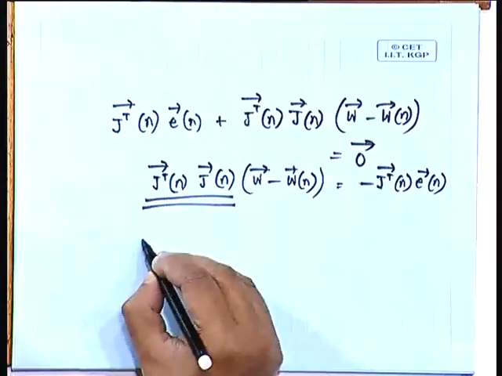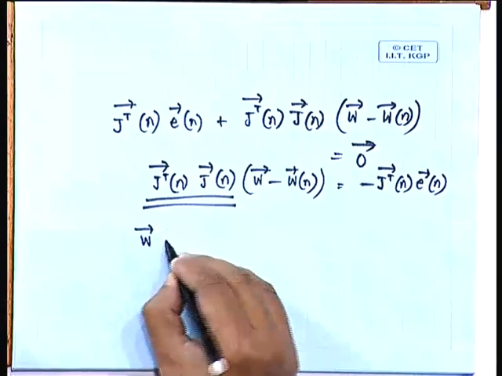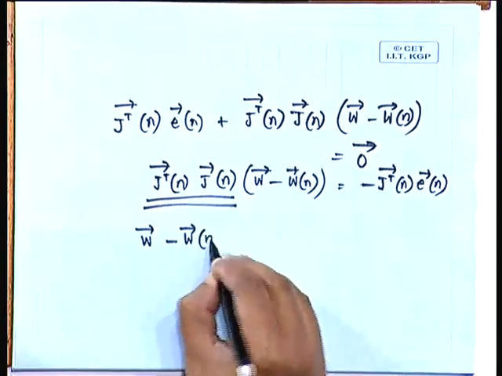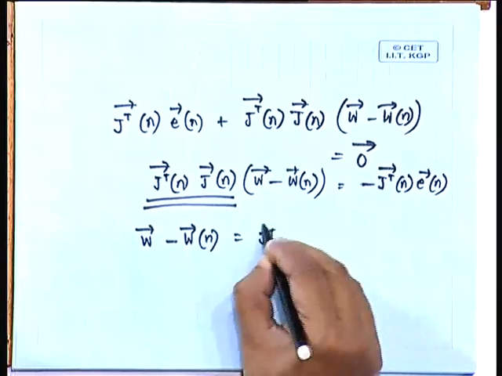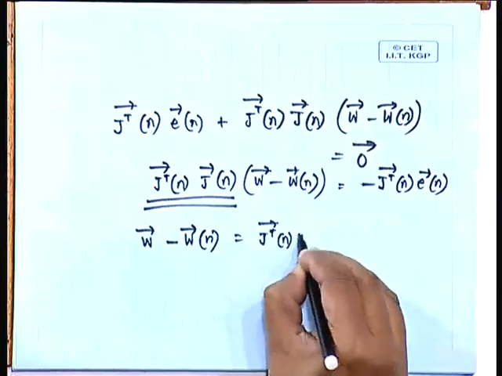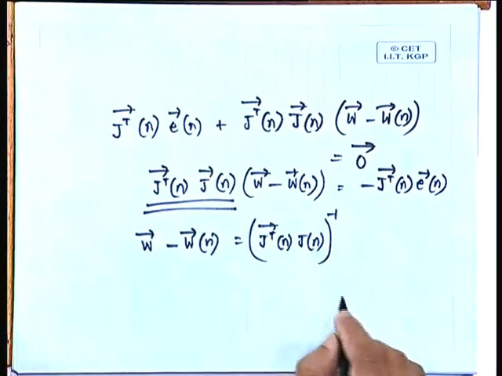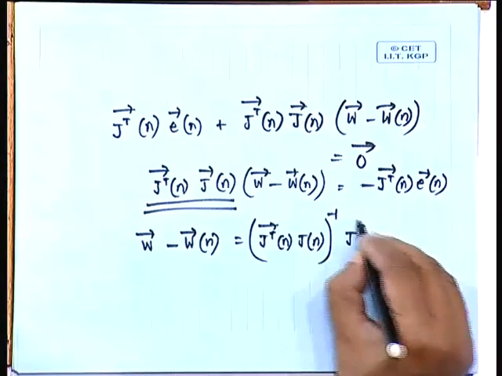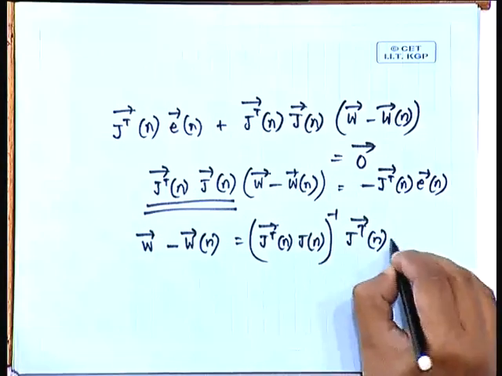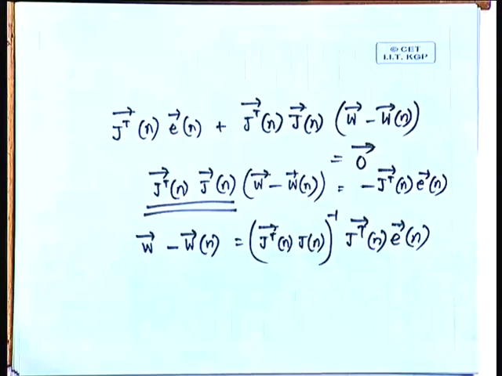So, that will give us W minus W n equal to J transpose n J n, this product's inverse, times J transpose n E n. Is this clear?